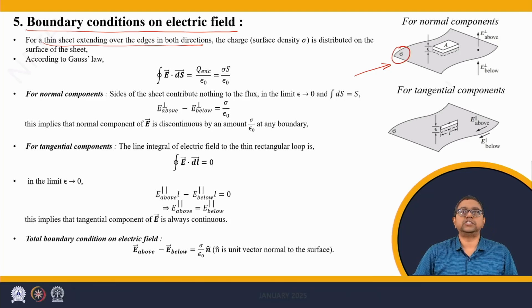Sigma is the charge density. We have the surfaces which are above this thin sheet and the surface which is below this thin sheet. Thus, this thin sheet acts as a boundary between the above space and the space which lies below this thin sheet.